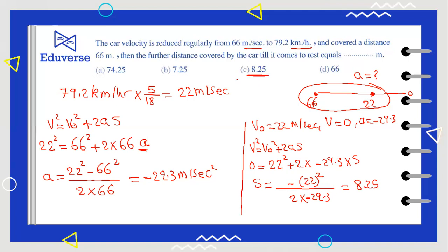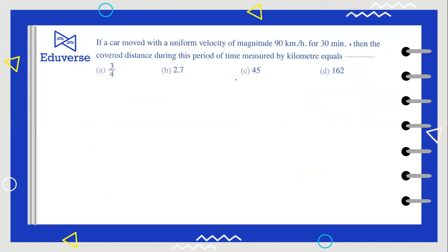Okay, next example. If a car moves with a uniform velocity of magnitude 90 km per hour for 30 minutes, then the covered distance during this period of time, measured in kilometers, equals what?